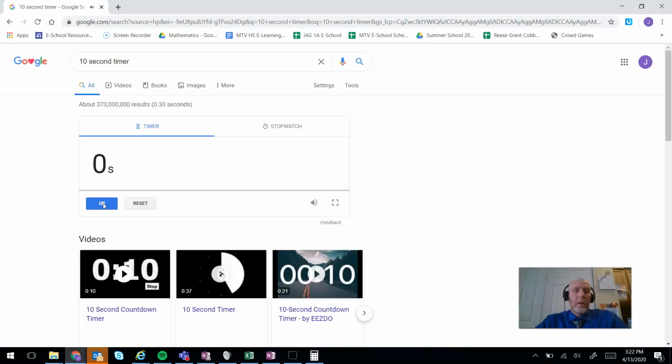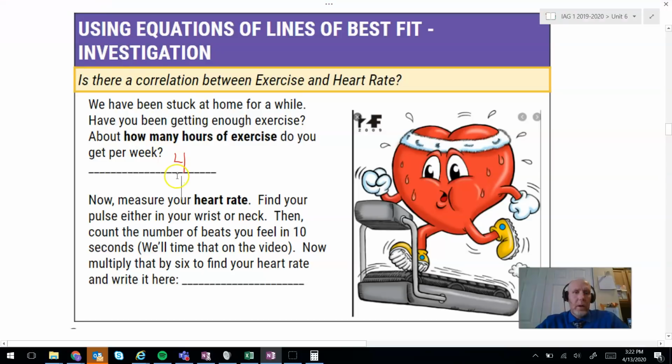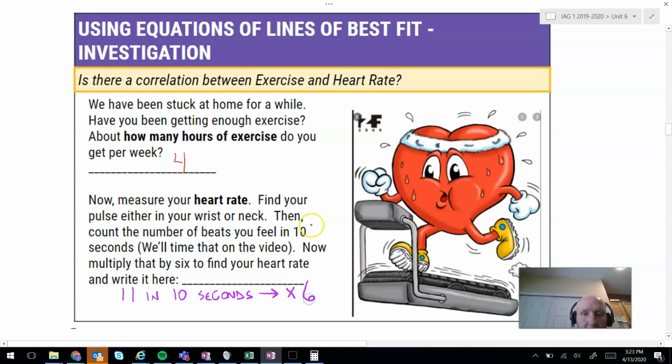Okay, stop your count and let's write here how many you got. I got about 11 in 10 seconds. What did you get in 10 seconds? What we actually want to do is multiply this by 6 because we want the number of beats in 1 minute.